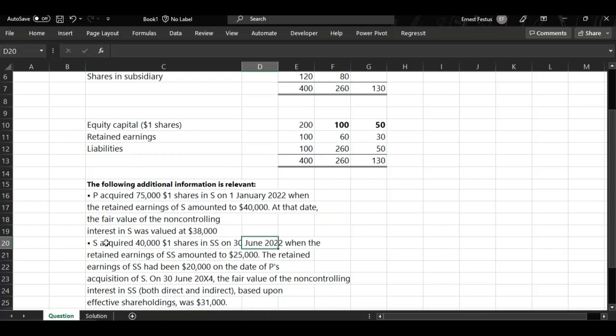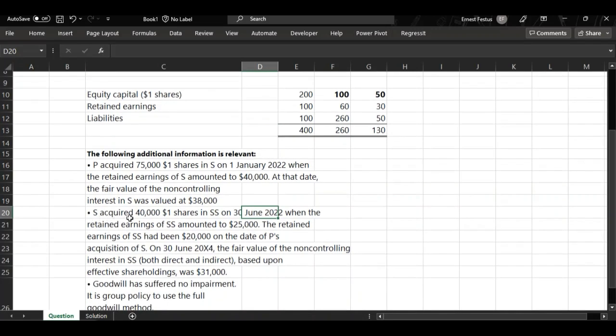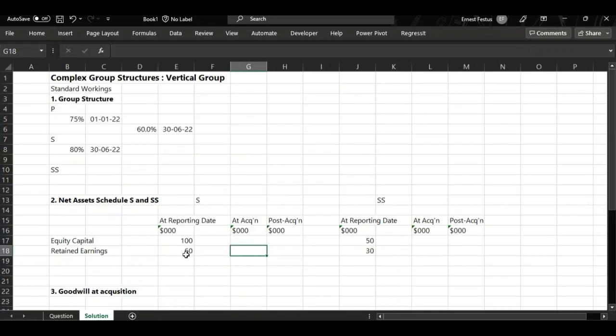Then we are also told that S acquired 40,000 shares in SS on 30th June 2022 when the retained earnings of SS amounted to 25,000. So they have been given straightforward. The first one was 40,000 and the other one was 25,000.